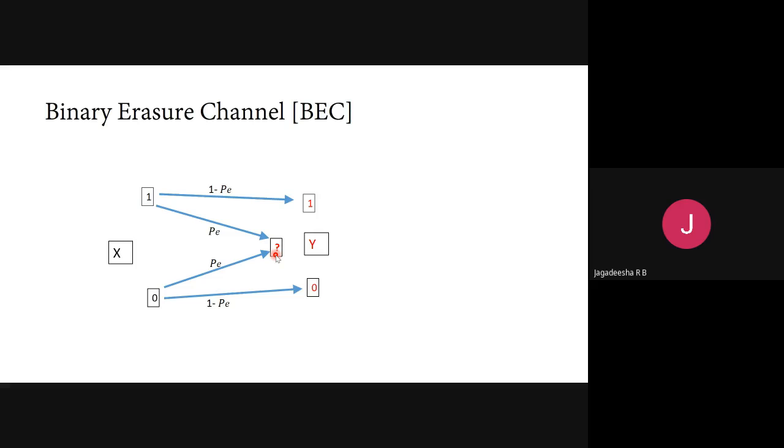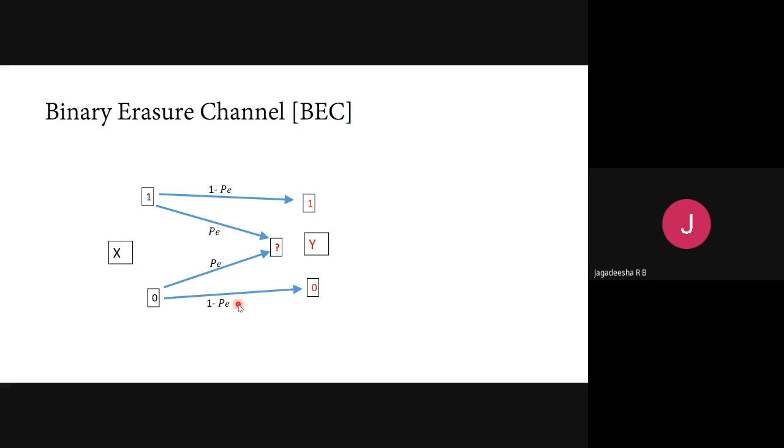In other instances, for example, 1 was transmitted and it will be received by the receiver as 1 itself correctly with some probability, 1 minus PE, maybe 70%. Similarly, when 0 was transmitted, it will be received as 0 itself, and the receiver can understand that 0 was transmitted and 0 was received, with the probability of 1 minus PE, maybe 70%.